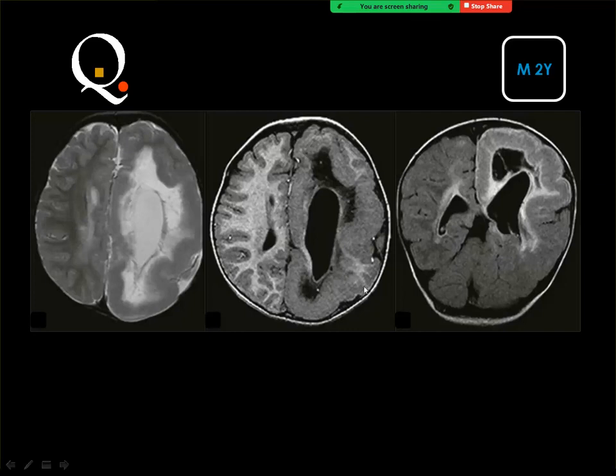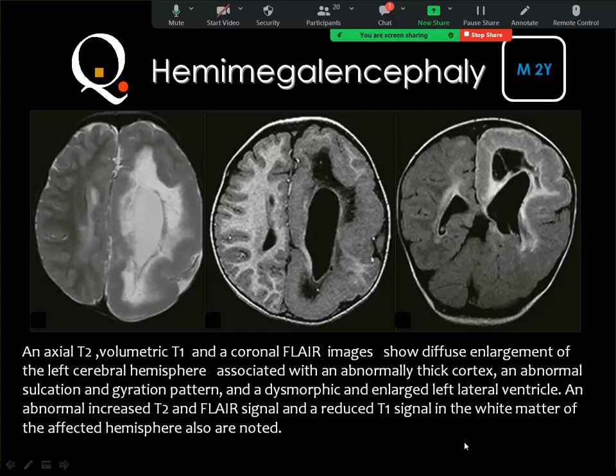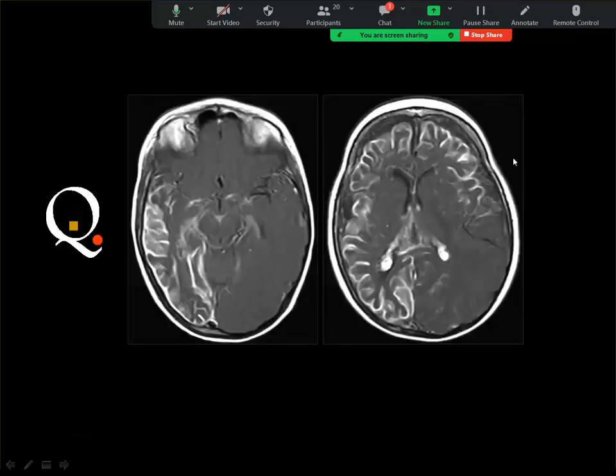The left cerebral hemisphere is big. Its ventricle is dilated. The cortical sulci and gyri are very thick and broad. The white matter shows abnormal signal, and all these features are diagnostic of hemimegalencephaly on the left side. Next case.